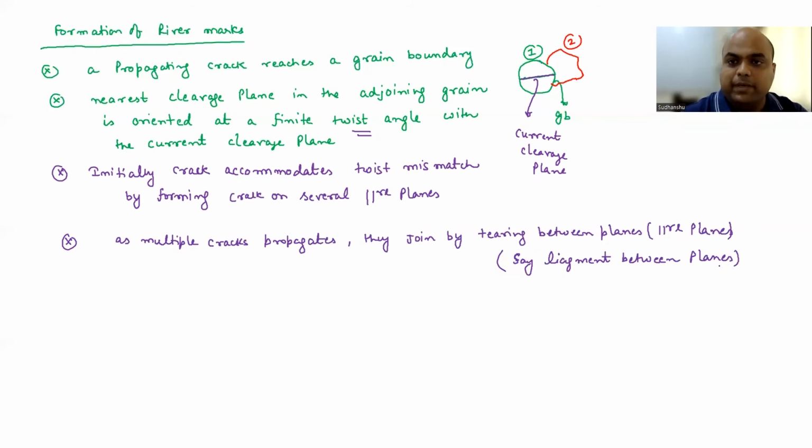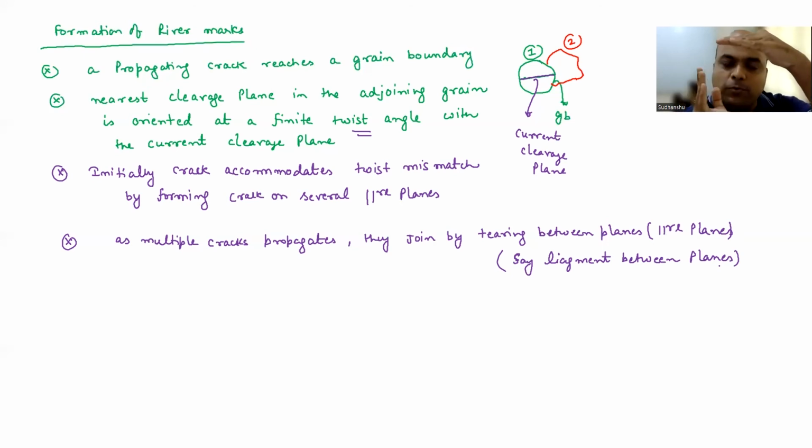Okay, so what is happening? You have a crack which is coming there. It is going to interact with the grain boundary. It is going to reach the grain boundary. Now it sees another grain where the cleavage planes are at a certain angle. So to accommodate this twist mismatch between the two grains, you are going to form multiple cracks on the parallel planes. All these are cleavage planes on the other grain.